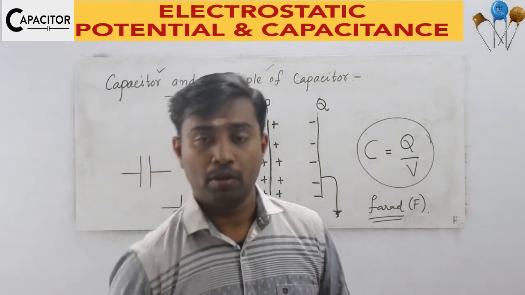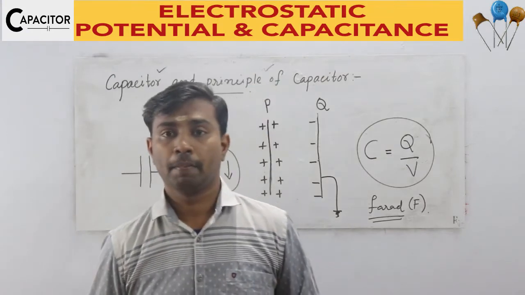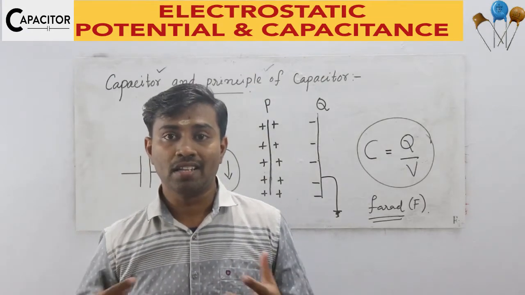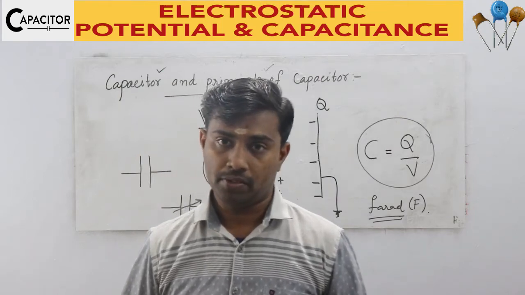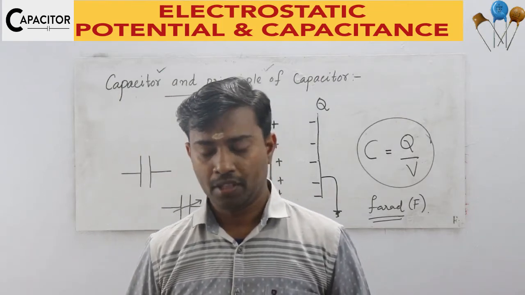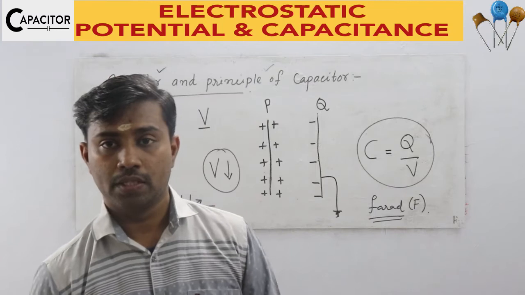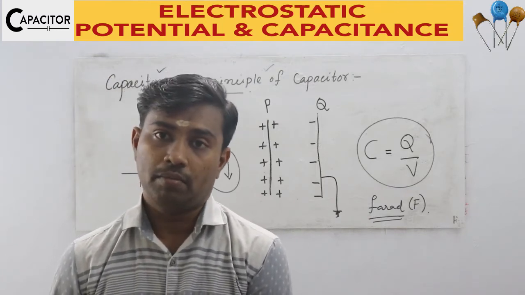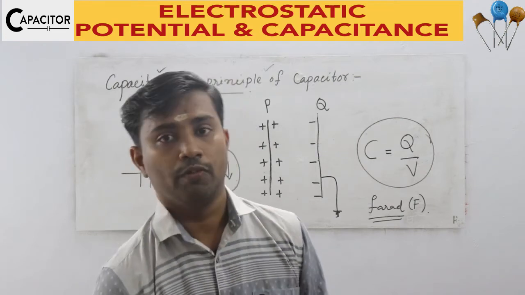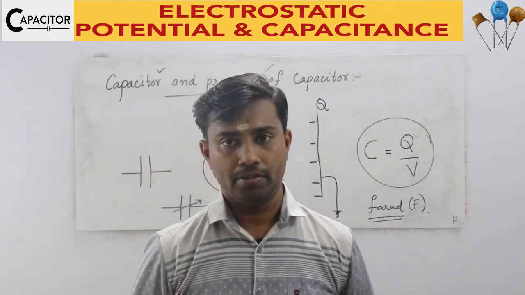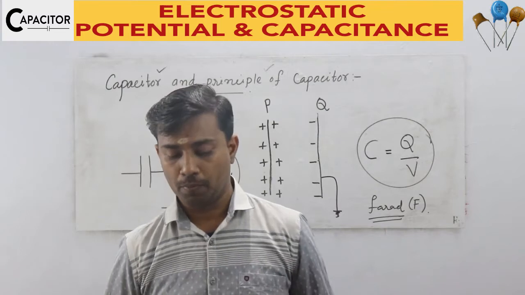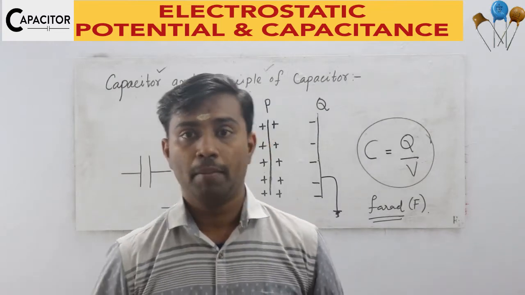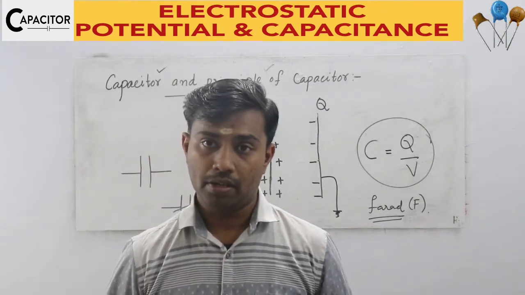Now we discussed what is a capacitor and what is the principle of a capacitor. Okay, clear? So now we are going to discuss another topic, how we can determine the capacitance of a parallel plate capacitor.